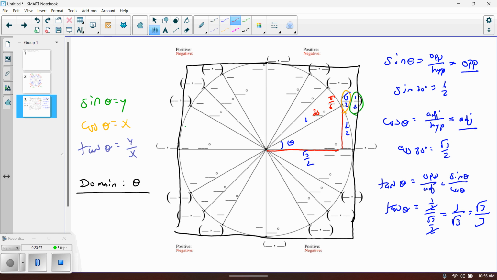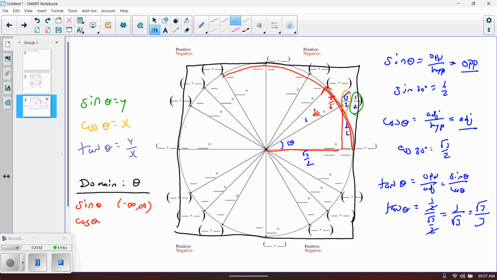So if theta is pi fourths, that's here. If theta is 2 pi thirds, that's all the way around to here. I can keep going around the circle infinitely. There is no theta value that I cannot have. So in this case, for sine, the domain is all real numbers, or from negative infinity to infinity.